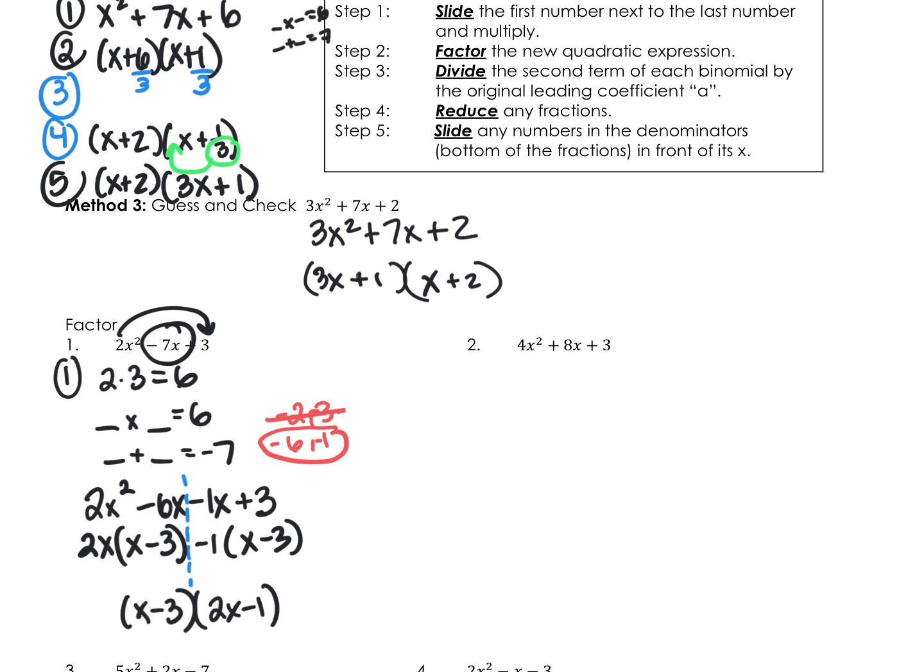Any questions on number 1? If you switch the -1 and the -x, you'll get the same answer. Your factors inside will just be 2x minus 1 instead of x minus 3.